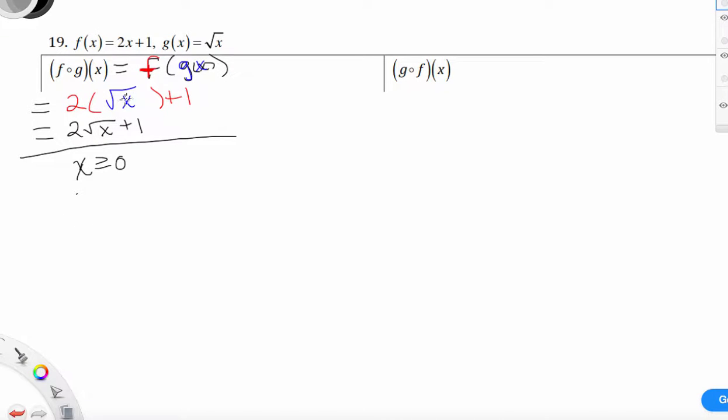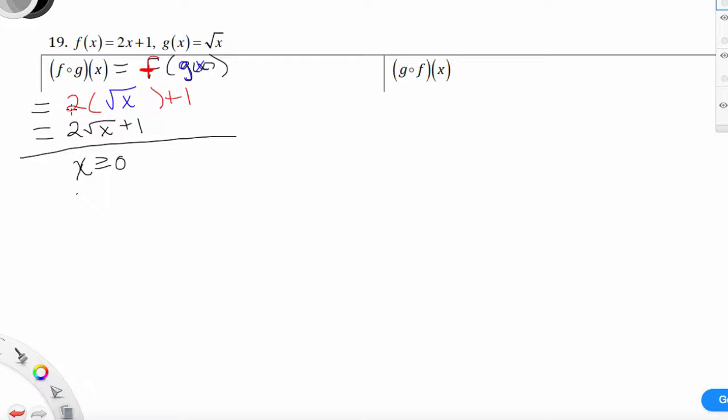Also, I have to inspect just g of x by itself, and g of x is just the square root of x. So again, I'm just taking the x, setting it greater than or equal to 0, and the domain of my inner function happens to be exactly the same as the whole entire composite function.